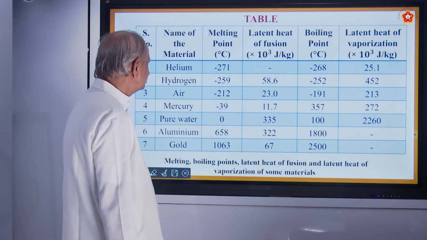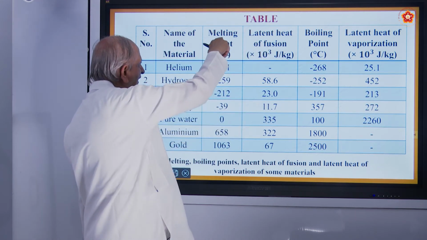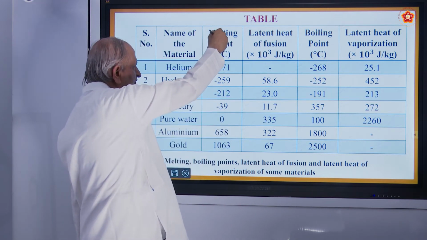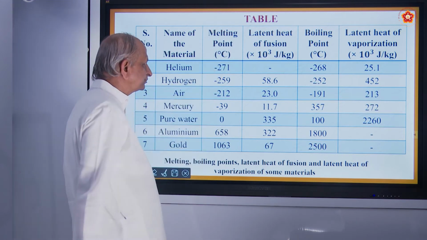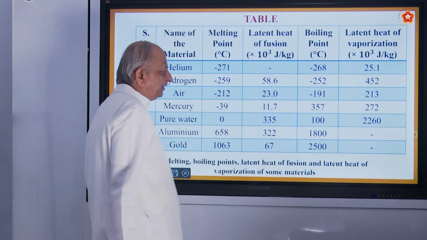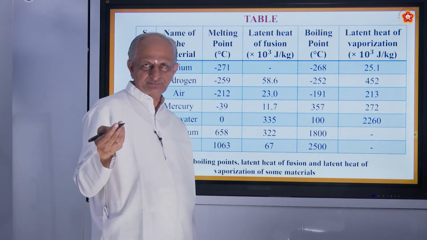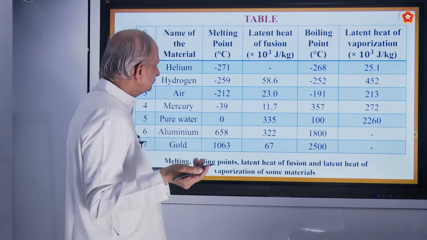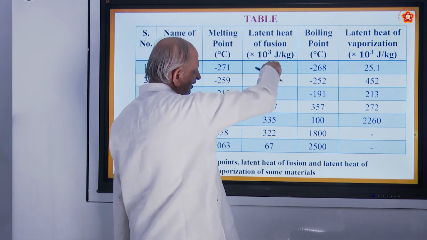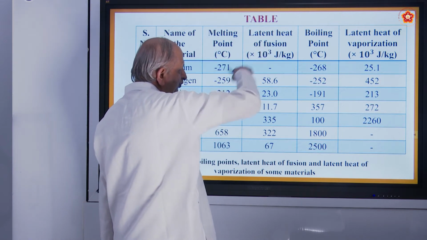For example, here is a list. Melting point. Melting point is a point at which a solid melts into liquid completely. Boiling point. It is a point at which the liquid changes into vapor state or gaseous state. And latent heat means the energy required to convert solid into liquid, then it is called latent heat of fusion.